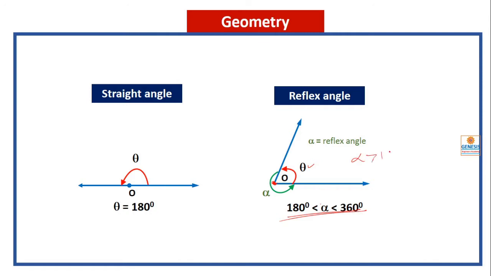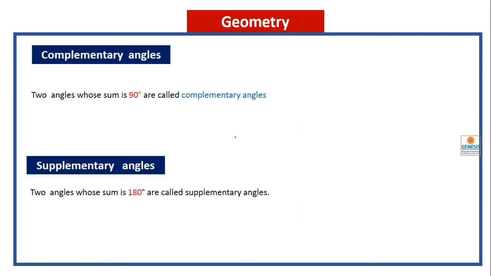A reflex angle is always greater than 180 and less than 360. So if the angle falls between 180 and 360, we call that a reflex angle. So if the angle formed is theta, the rest, 360 minus theta, we call the reflex angle.